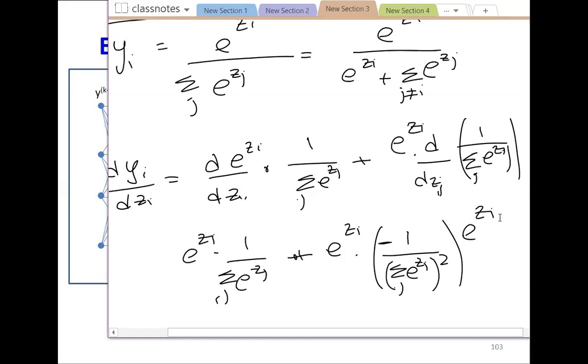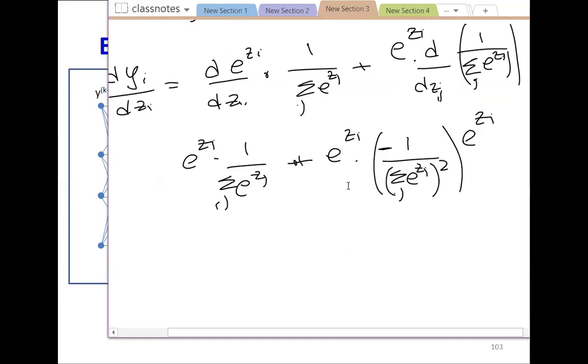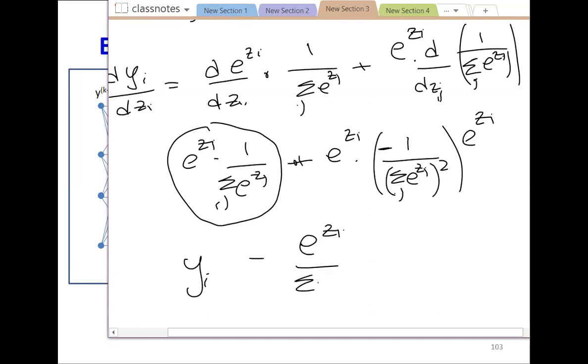The first term is just yi. And here I can write this as e raised to zi over summation e raised to zj times e raised to zi over summation j e raised to zj, which is yi minus yi squared.